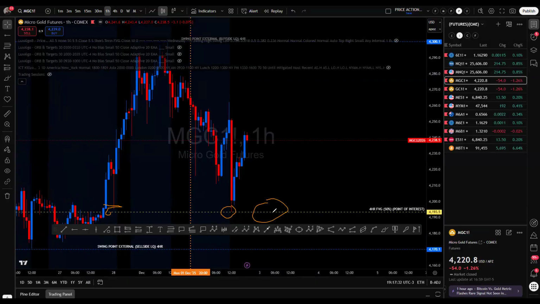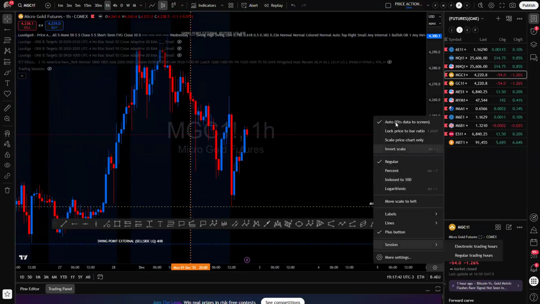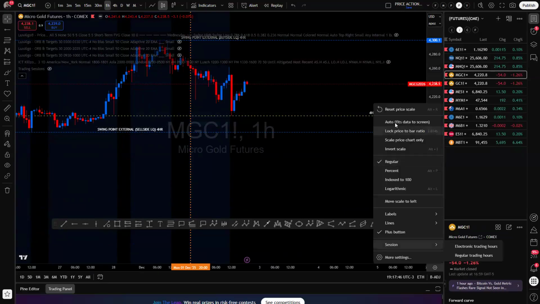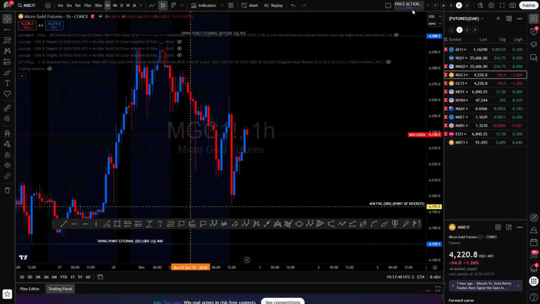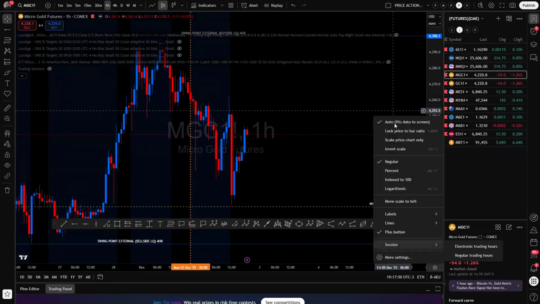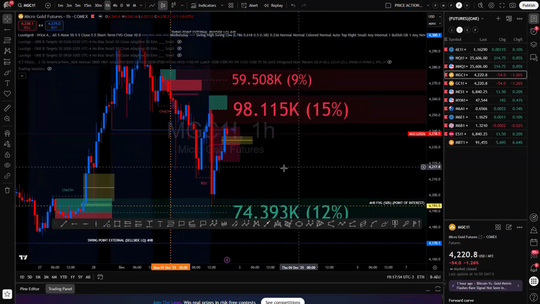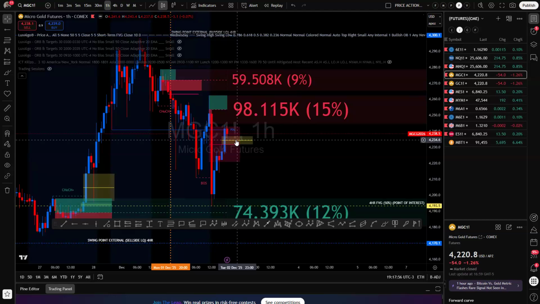Now what we want to do is see if we have a 1-hour fair value gap so we can get an idea of where price wants to go next. When we turn on this indicator, we can set it again. So we have a 1-hour fair value gap here.